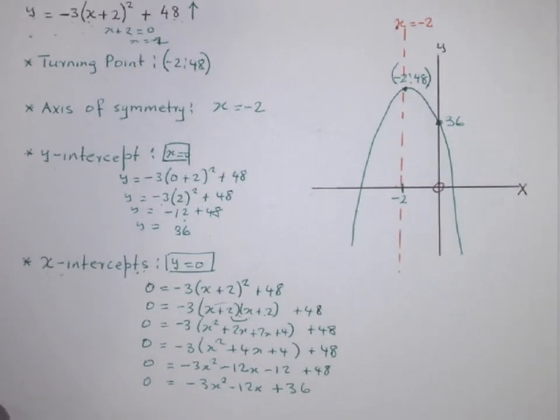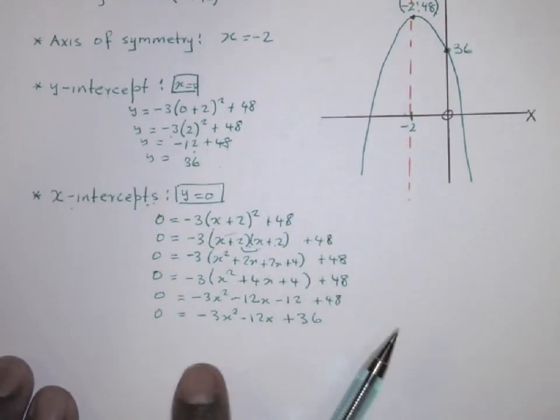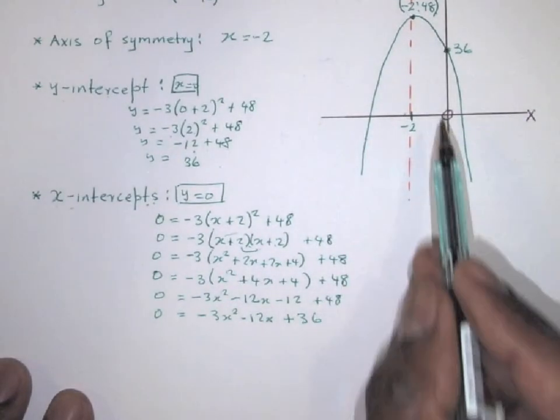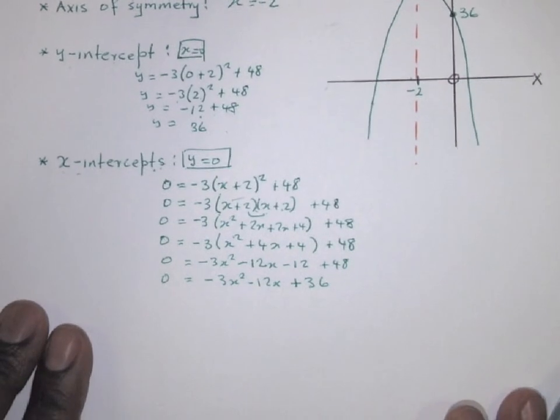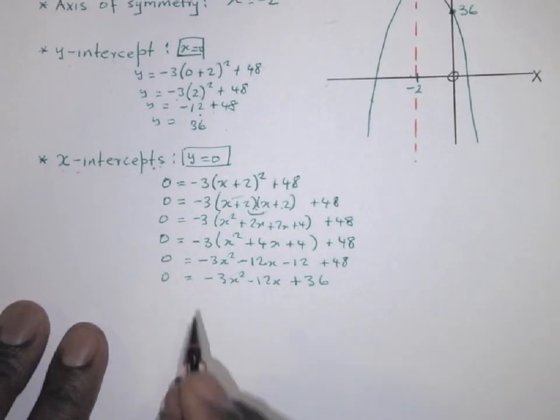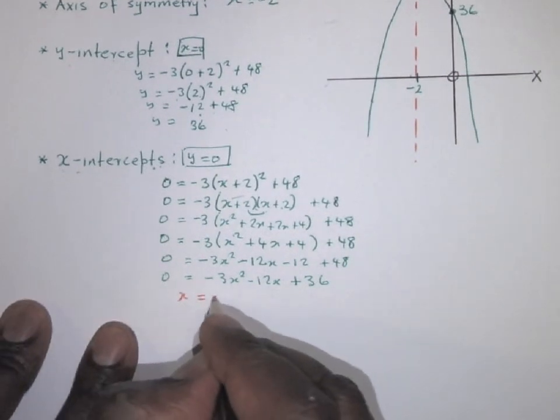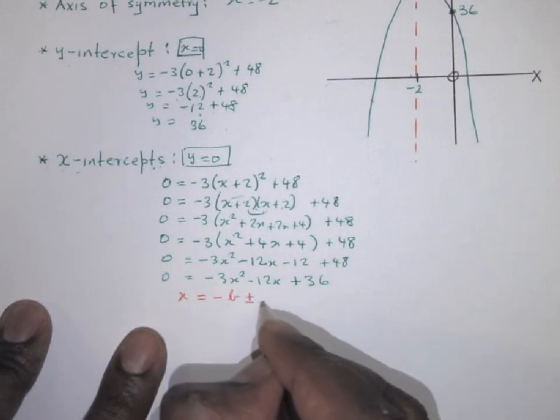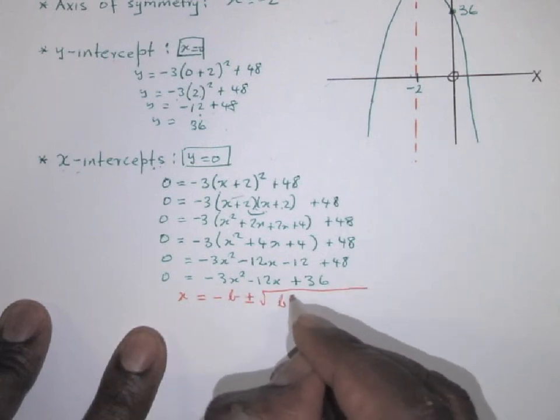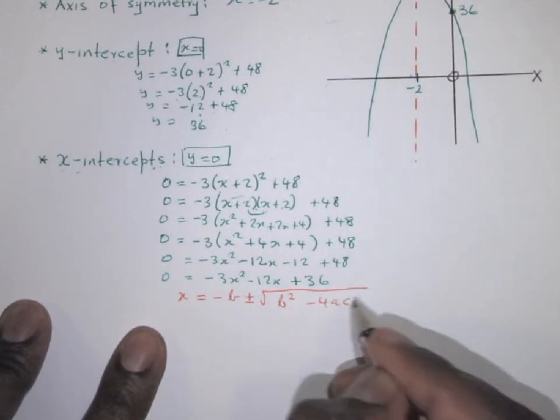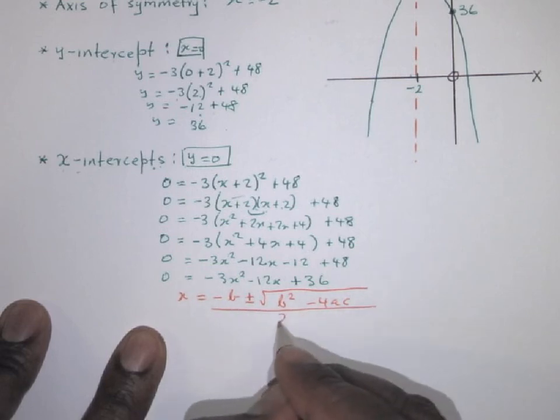Sometimes we don't know how to factorize, so to find the x-intercept, sometimes we can use the formula. Remember the formula? x equals minus b plus or minus the square root of b squared minus 4ac, all over 2a.